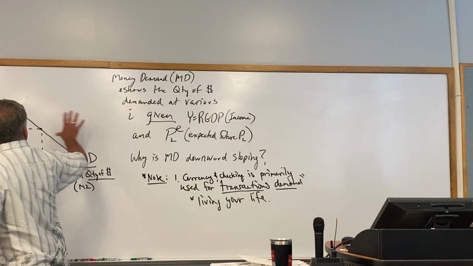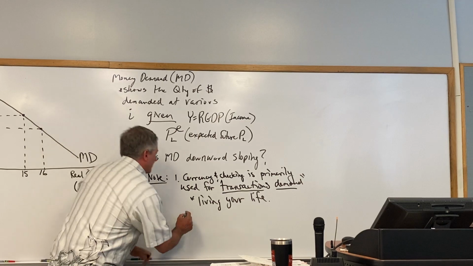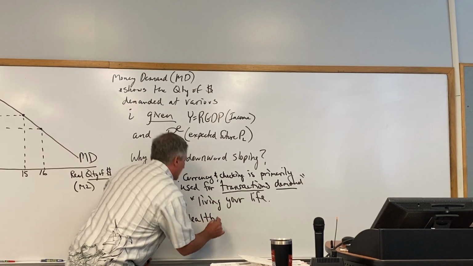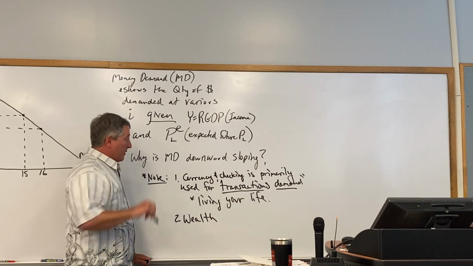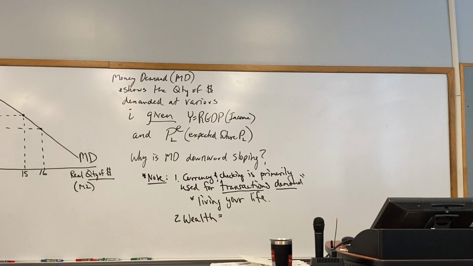Here we're focusing in on this question of why is it downward sloping, which means it's interest rate driven. And so my second note here is, what is your wealth? So what is your wealth equation? When we want to calculate somebody's wealth, what are we doing?